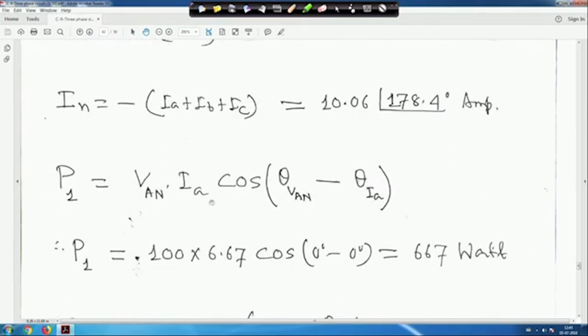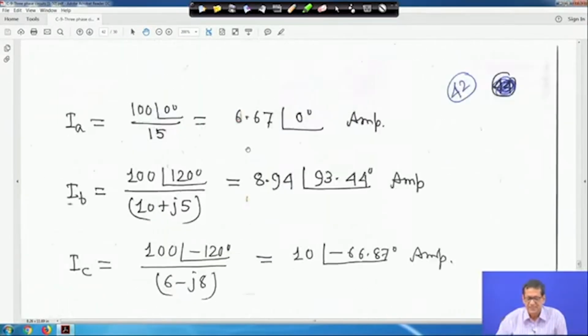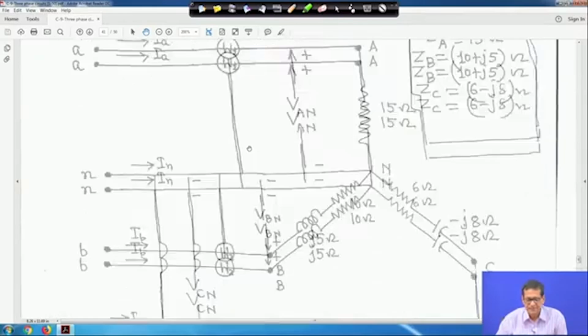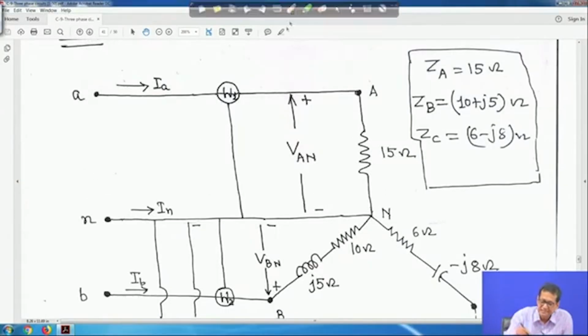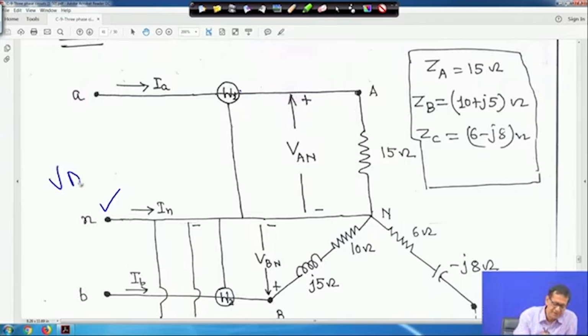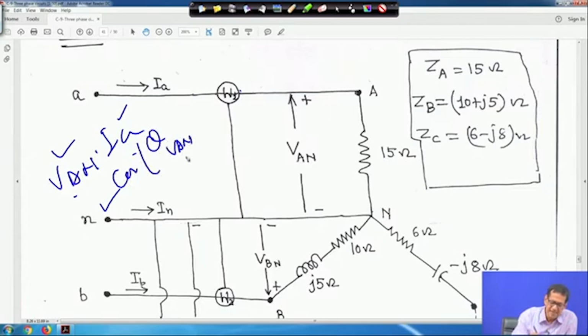And for wattmeter reading power P1, it will be VAN IA into cos of theta VAN minus theta IA. For this wattmeter, it is connected here, and between this point and the neutral it is connected. So you take the voltage VAN magnitude, then the current IA, then the cosine of the angle between them, that is theta VAN minus theta IA.